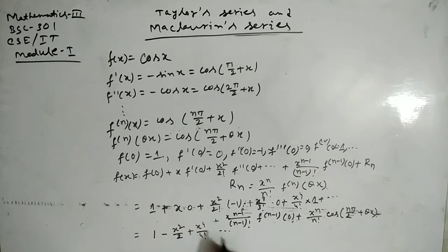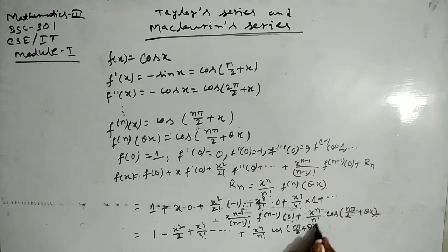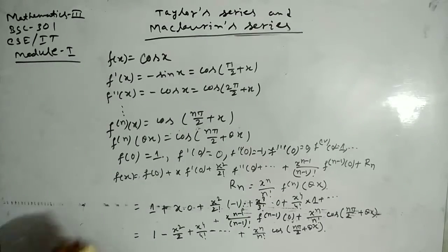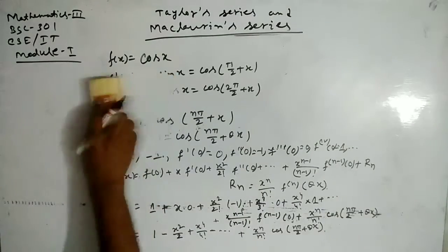The next term will be minus, plus, and the remainder term will be x to the power n by n factorial cos of n pi by 2 plus theta x. So this is the expansion of the function cos x in the form of Maclaurin series with Lagrange's form of remainder.